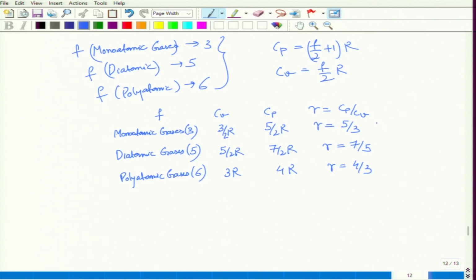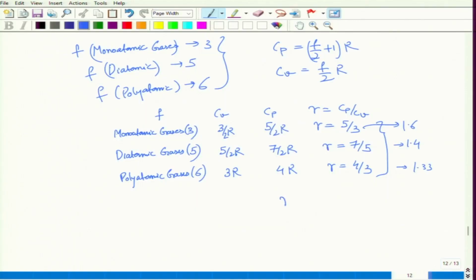So, if you see, in all of these cases this comes out to be around 1.67, this becomes 1.4 and this is around 1.33. So, you can see that gamma is decreasing. Keep this in your mind because some MCQ may come in JEE on how gamma varies for the different kinds of gases.